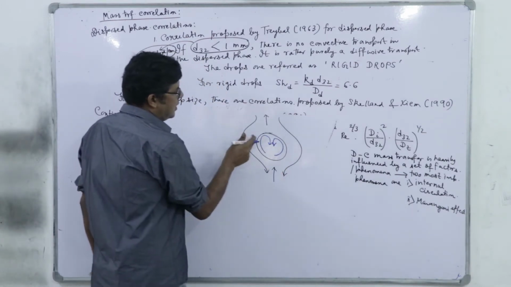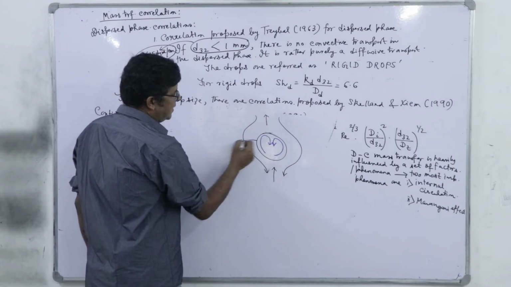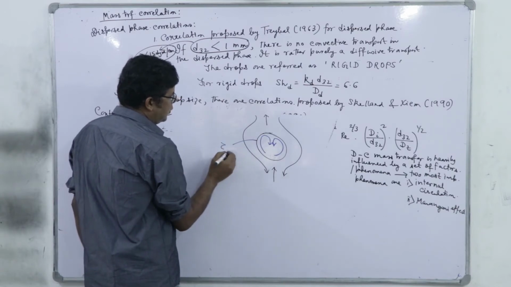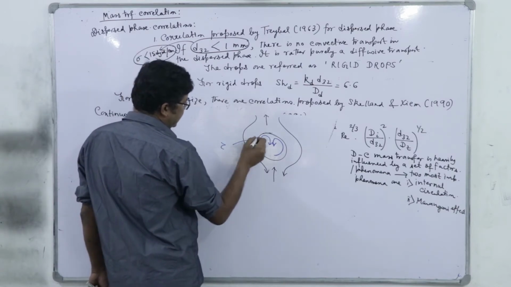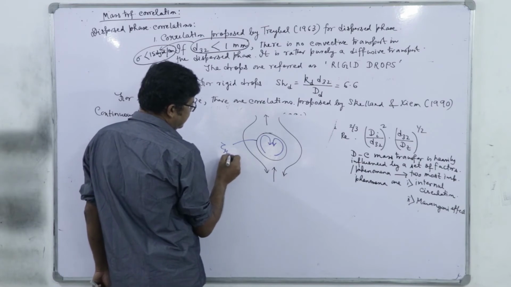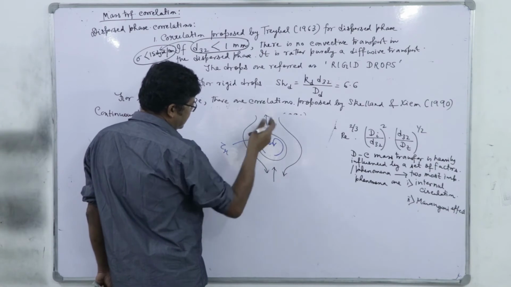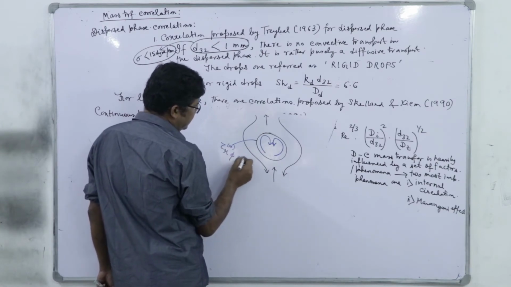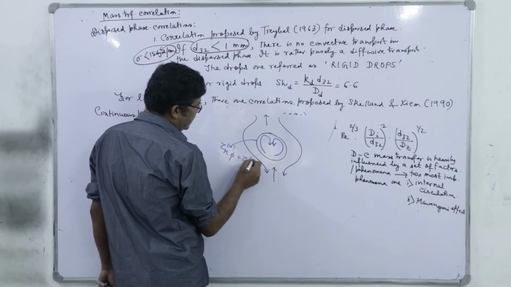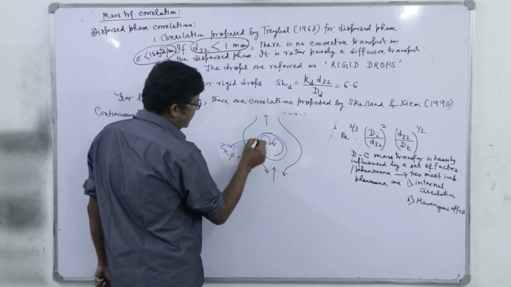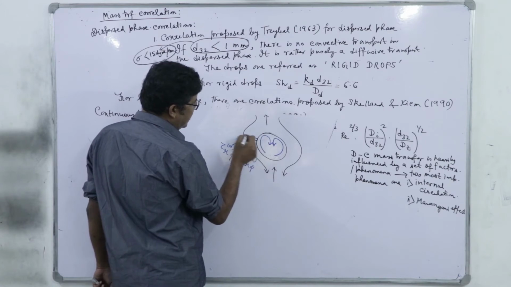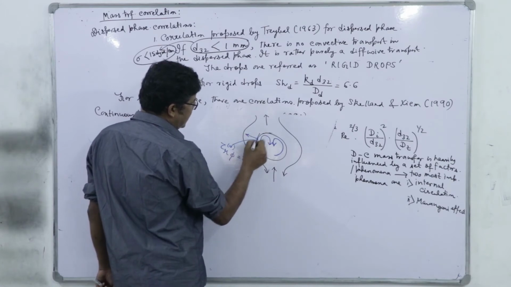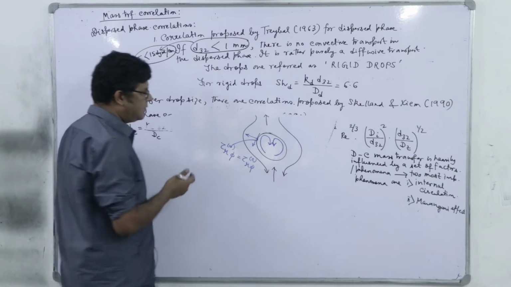Because at this interface we have tau r theta, or rather tau r phi, of the dispersed phase equal to tau r phi of the continuous phase. Here r is the normal direction and theta is the tangential direction.